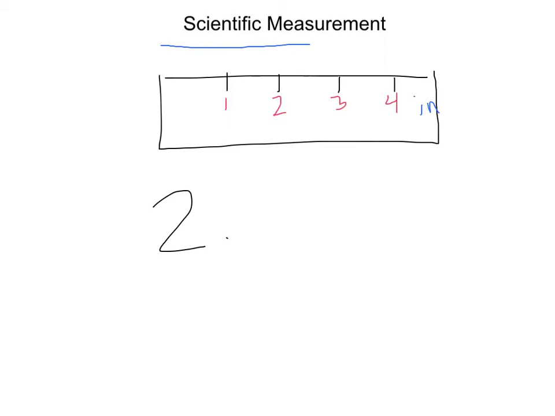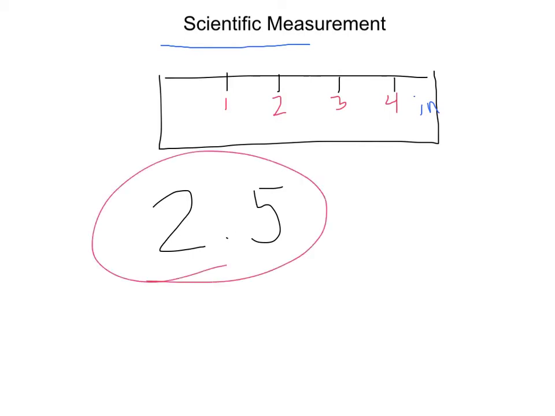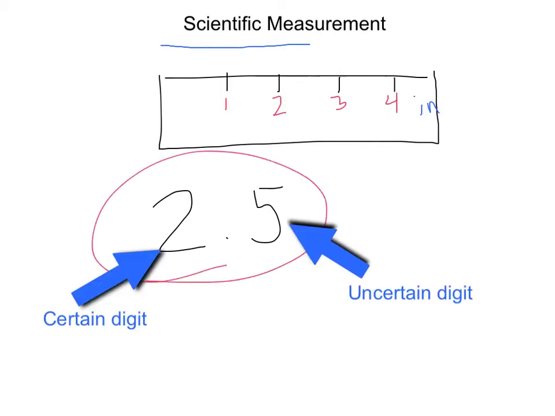Looking at our ruler, I'd probably say 2.5. Maybe it's 2.6. It's hard to tell, but it's just an estimation, so we'll do the best we can. Can't say 2.57. There's no need to be that precise. So, 2.5. There you go. You take the certain digit and you estimate one uncertain digit.